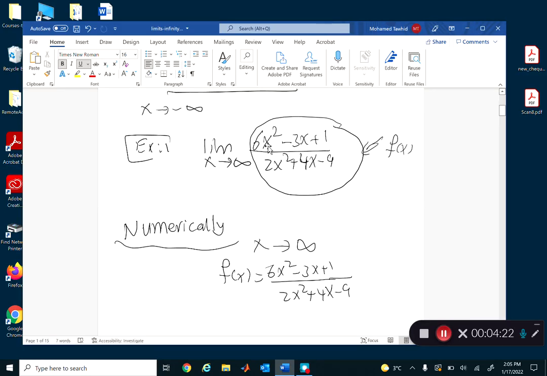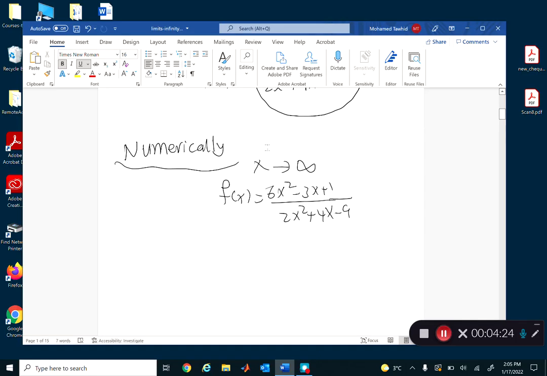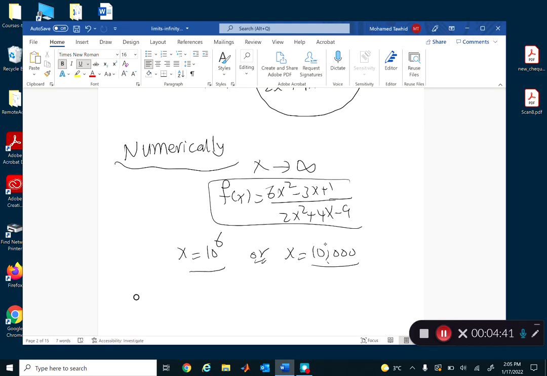Now when x approaches plus infinity, it is a very big positive number. You could take x equal to 1 million, or for simplicity, take x equal to 10,000. What happens to f of x? Let's use technology.